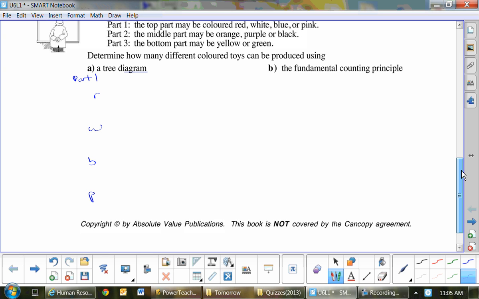Now part 2 can be orange, purple, or black. So right now, we can have a red, orange, red, purple, or red, black. We could have a white, orange, white, purple, white, black. So it's orange, purple, black.